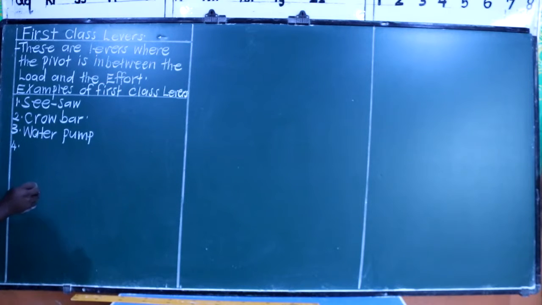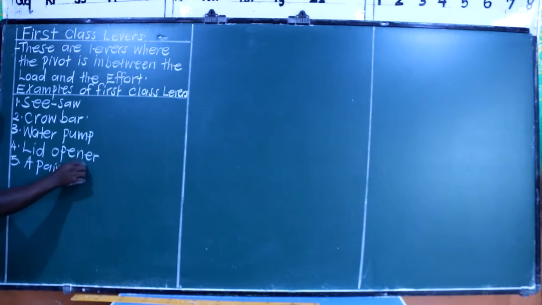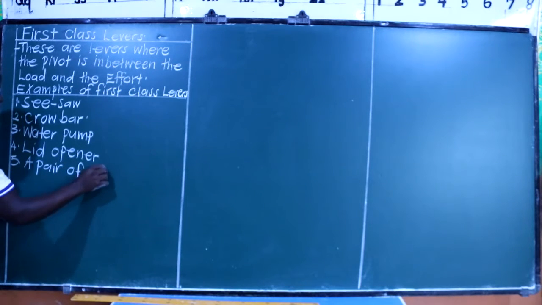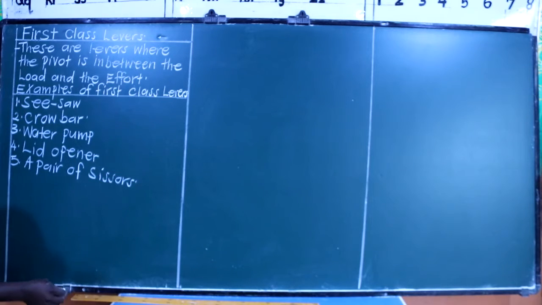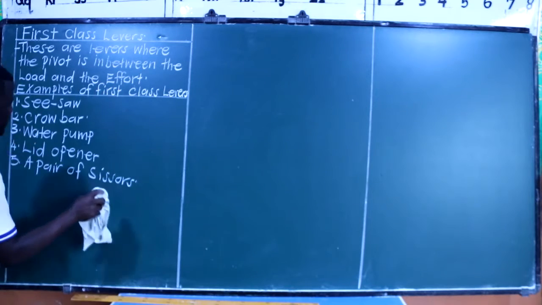Number 4, we have a lid opener. Number 5, we have a pair of scissors.